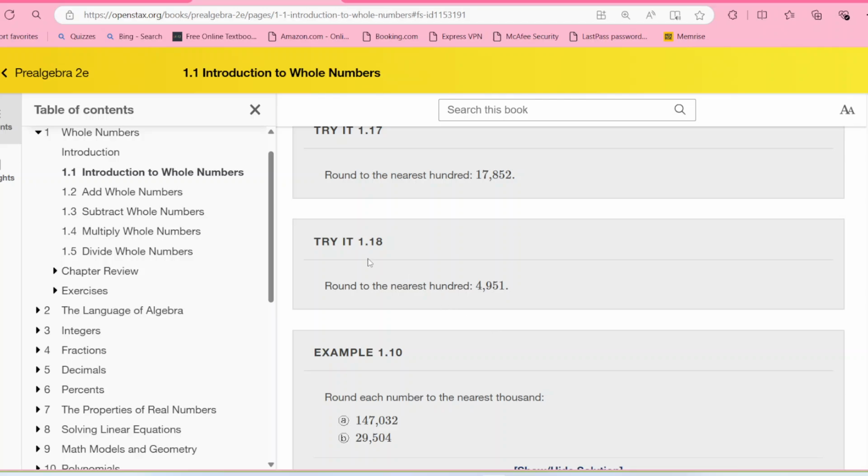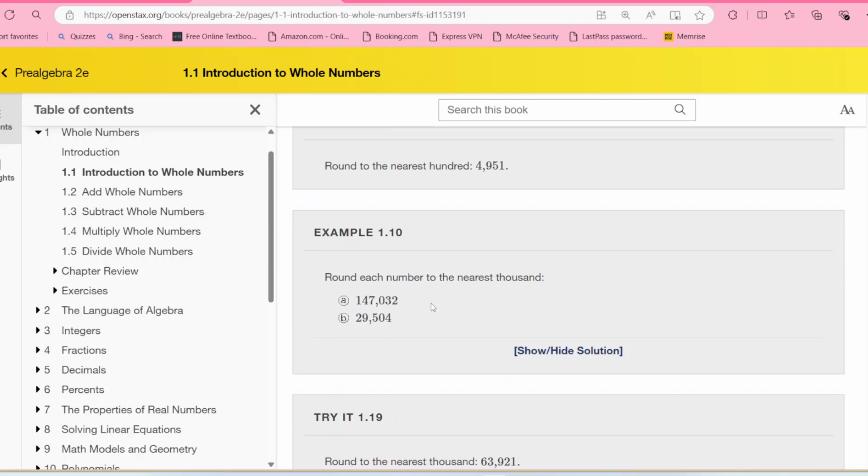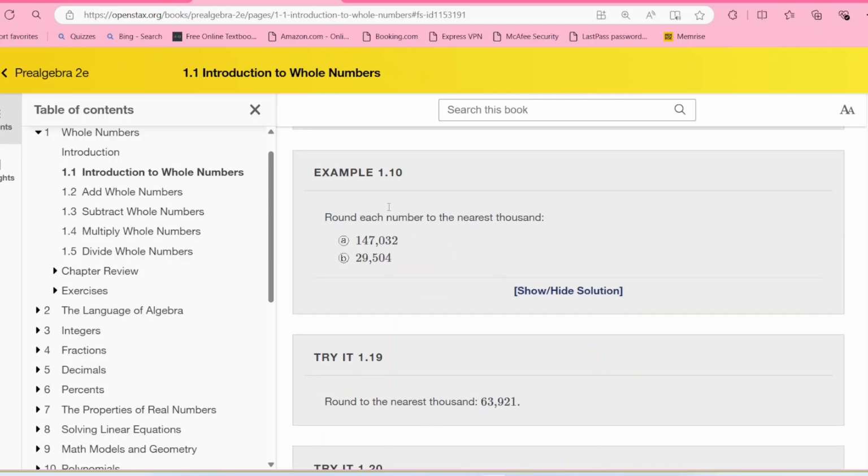All right, then after try it 1.18, we're getting into example 1.10. All right, so we've rounded to the nearest 10, rounded to the nearest 100. It looks like these last examples we're rounding to the nearest 1,000, right? So we're going to the thousands place. So in example 1.10, once again, there are 2 parts to it.